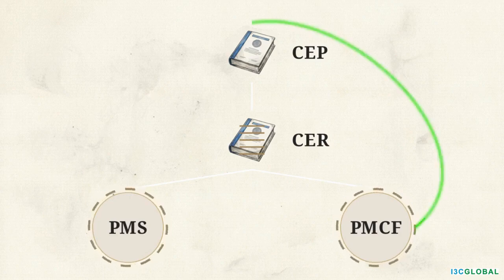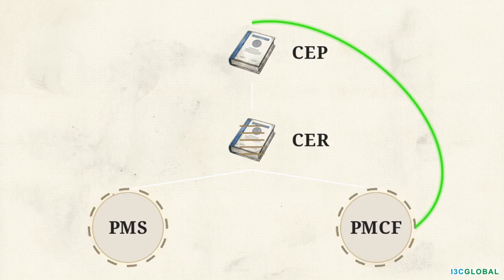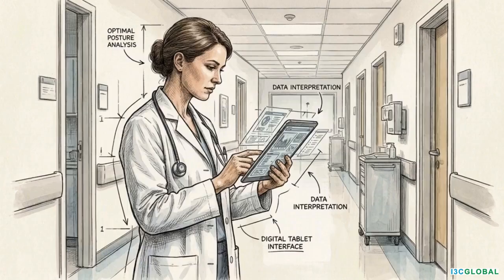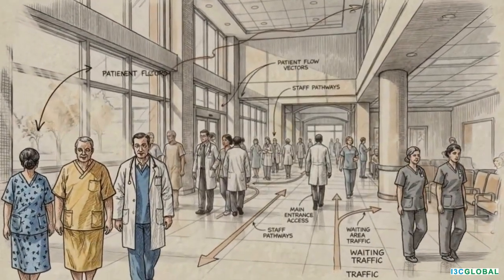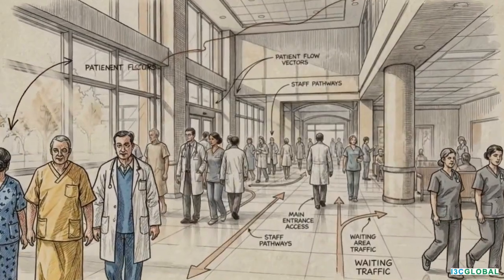This creates a data loop where real-world findings from clinical use are fed back into the CEP. This ensures the risk-benefit profile remains accurate as more patient data becomes available. This cycle ensures that clinical evaluation remains an active process, keeping the device documentation aligned with MDR requirements for the entire time the product is on the market.